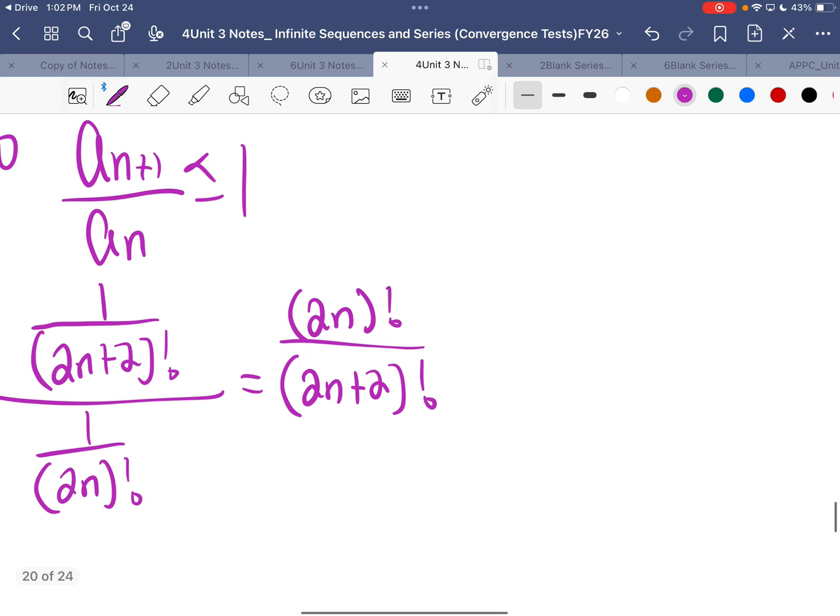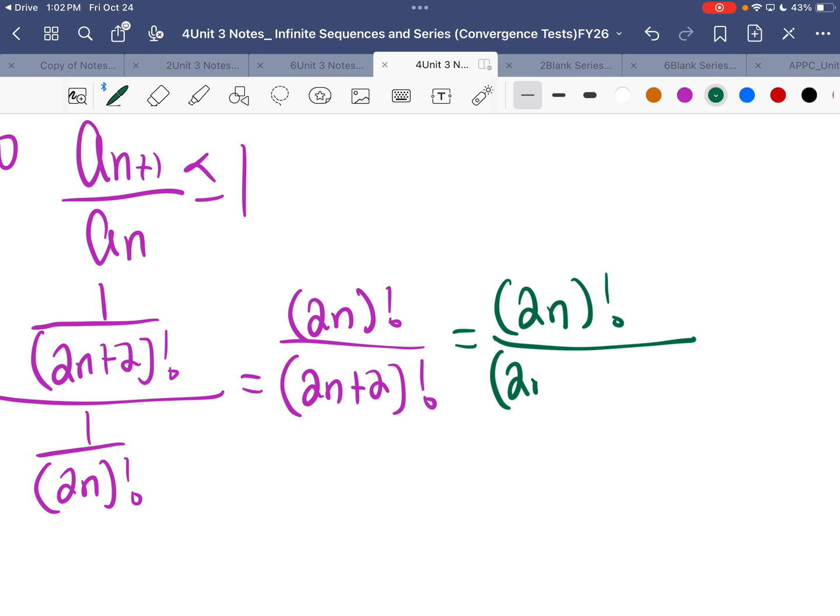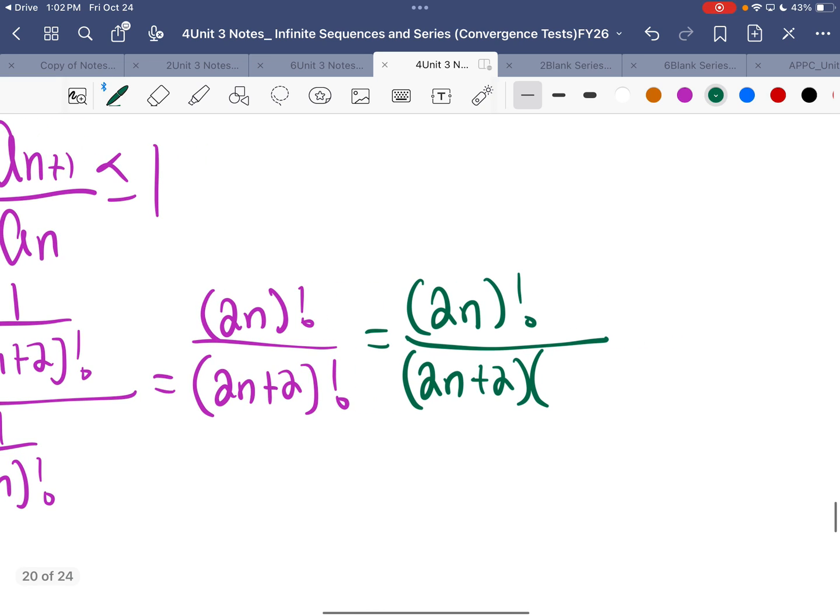So which one's bigger? The bottom. I'm going to keep the numerator the way that it looks. And then the bottom, with factorials, we start wherever it starts and then multiply by one less term. So what would be one less? Then what would be one less than that? 2n.